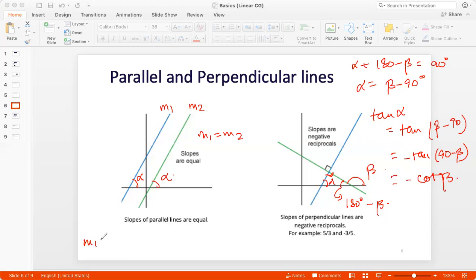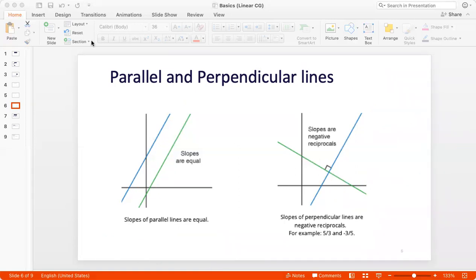So m1 times m2 will be tan alpha times tan beta, which is minus cot beta times tan beta, which is -1, right? So that's a quick derivation of how the product of the slopes of perpendicular lines is -1. You don't really have to remember this derivation. As long as you remember the concept, it's enough.